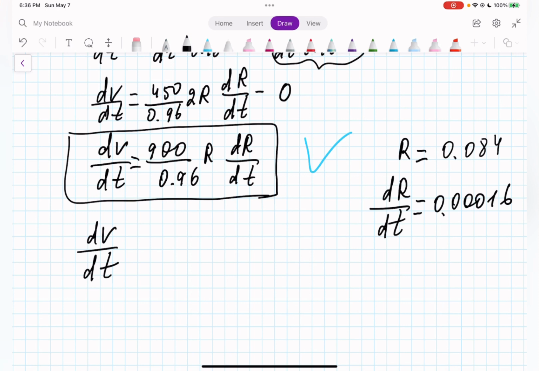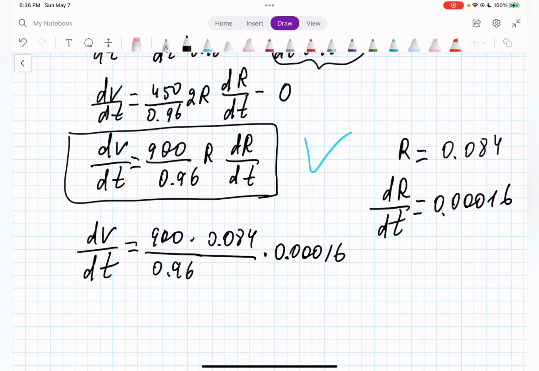So this is equal 900 over 0.96 times 0.084 and times 0.00016. What a nasty calculation. Well, I guess we will do it the easy way.